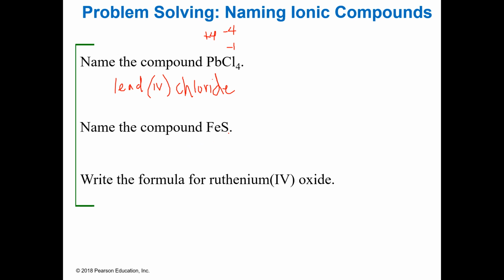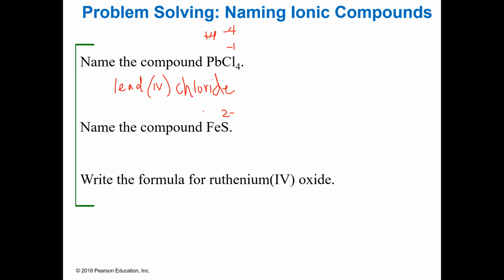Okay, let's look at this one. We have iron, which is a transition metal, and then sulfide. Sulfide's in group 6, just like oxygen, carries a -2 charge.